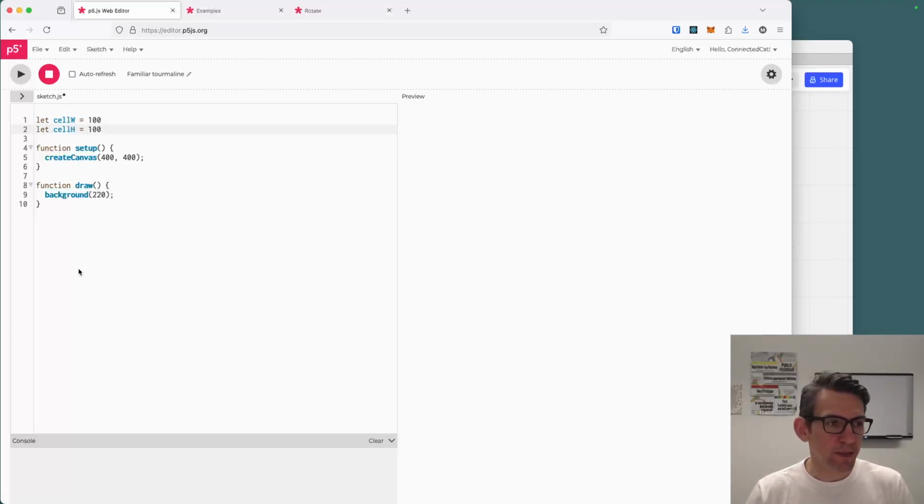Okay, so we're starting there, and then we are going to have a background, right? So we don't have to do much besides that in the setup, but we're going to have a background, and we are going to start drawing our grid.